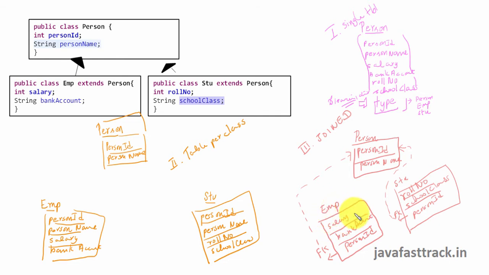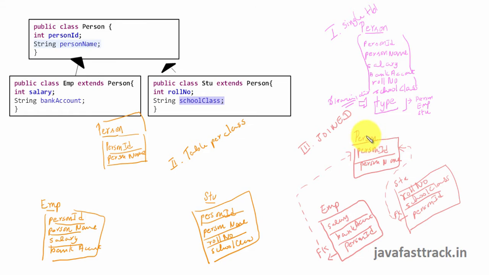Employee class has only employee related fields and the foreign key to fetch the parent data. And then we have student table with only student related fields and a foreign key to fetch the common person related data. With that, I completed the 3 strategies.